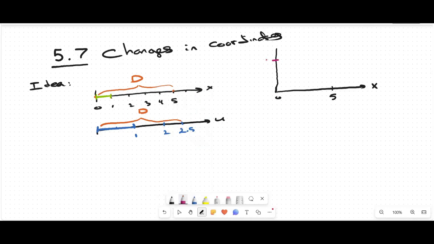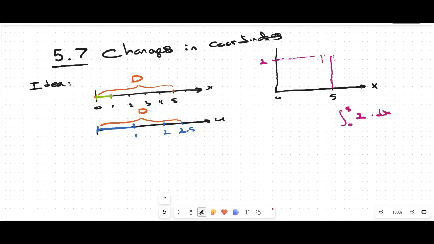So here's my constant function. Maybe we'll put like a 2 there. If I integrate from 0 to 5, my constant function 2 times dx, I'll get this area here.